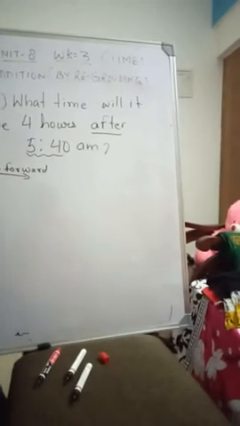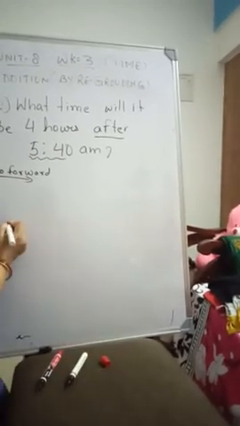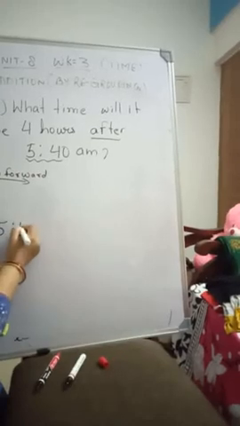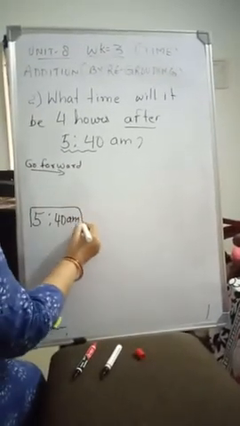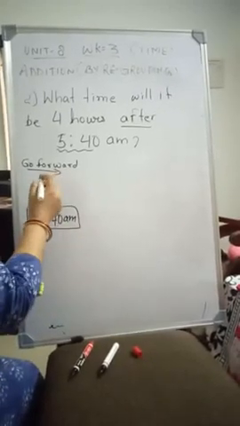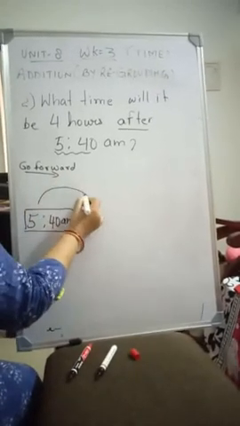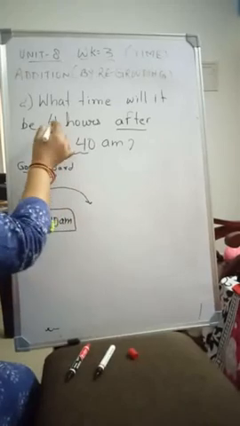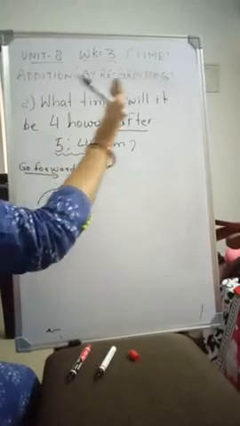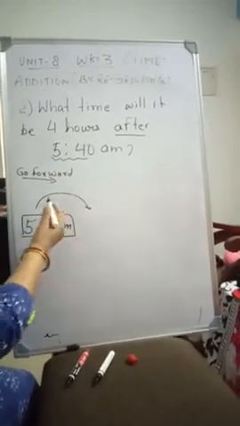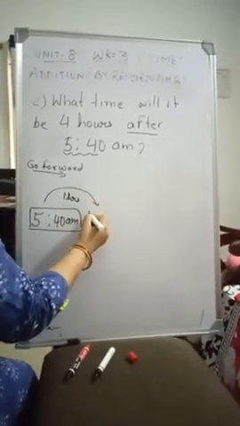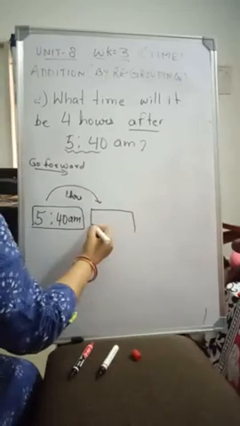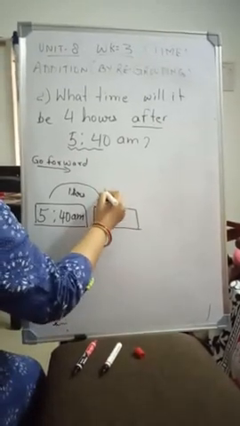All of you look here carefully. 5:40 a.m. Right? So we have to go forward. I have to move 4 hours forward from 5:40. So I will move firstly 1 hour, and then after 1 hour we will do addition.